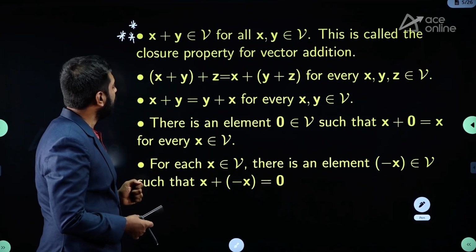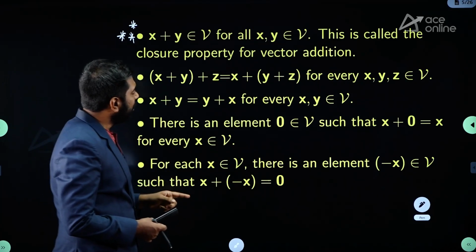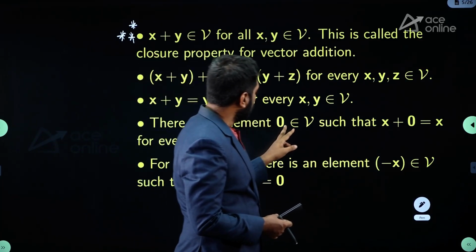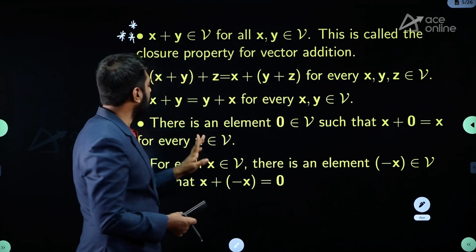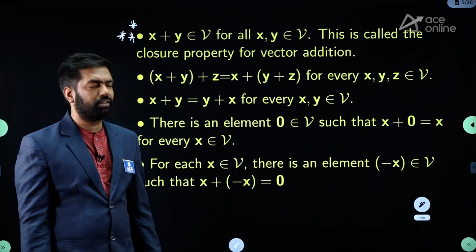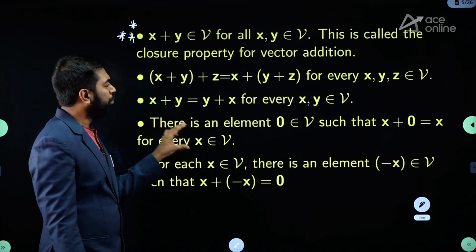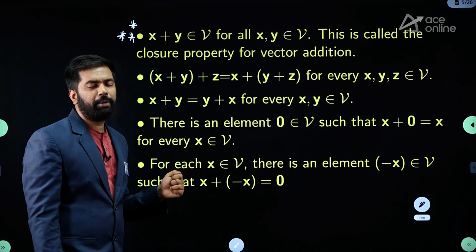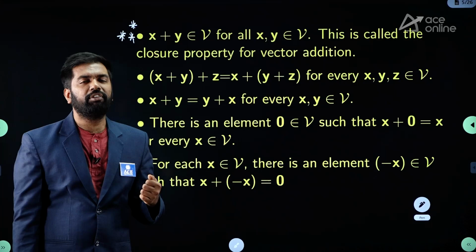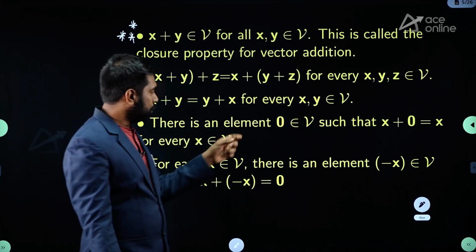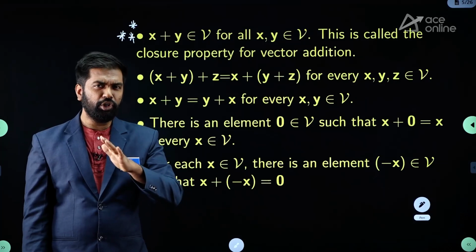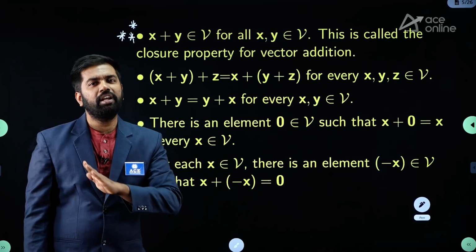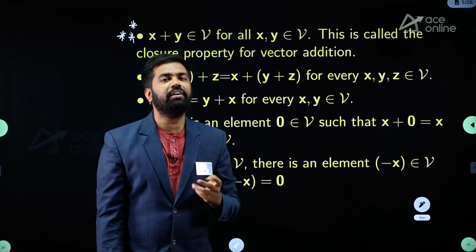Let us look at the next one. There is an element called 0 belonging to the given set such that x plus 0 must be x for every x belonging to V. What are they saying here? This is a very important condition that will be helpful in your examination. The 0 vector should be in the given set. If the 0 vector is not in the given set, that set cannot be called a vector space.